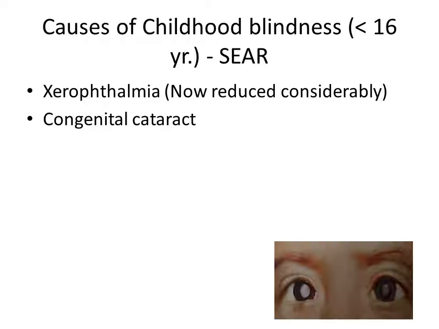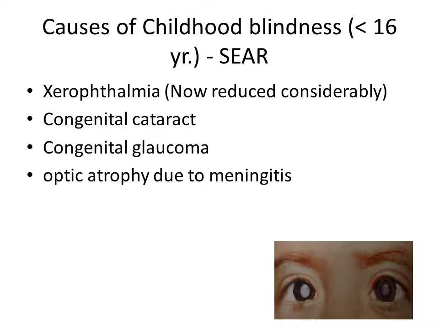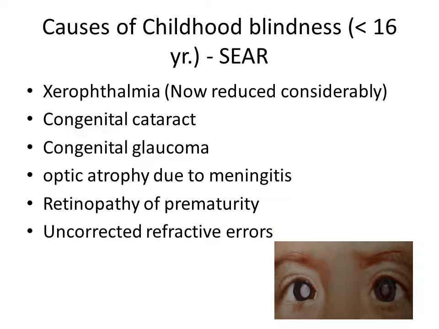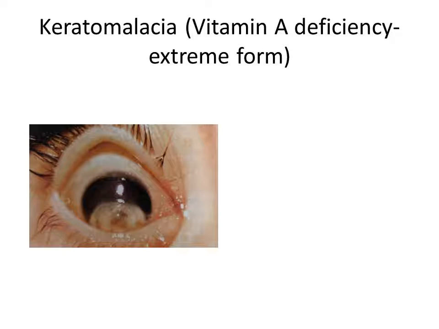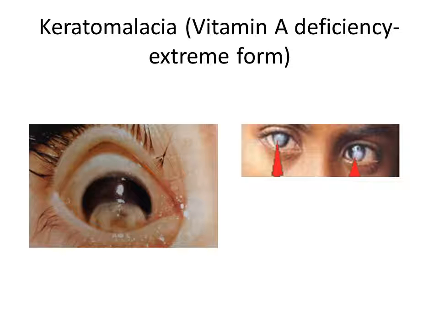Congenital cataract, congenital glaucoma, optic atrophy due to meningitis, retinopathy of prematurity, and uncorrected refractive errors. This slide shows photographs of severe deficiency of vitamin A resulting in keratomalacia followed by corneal opacities leading to blindness.